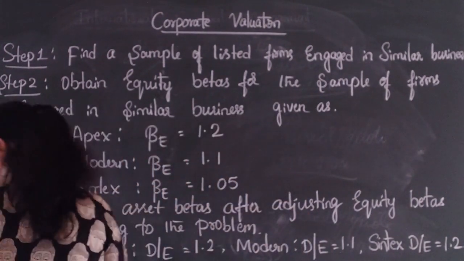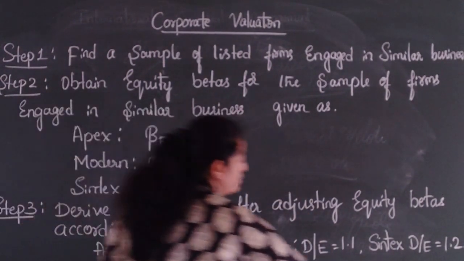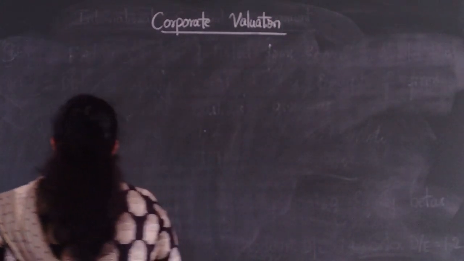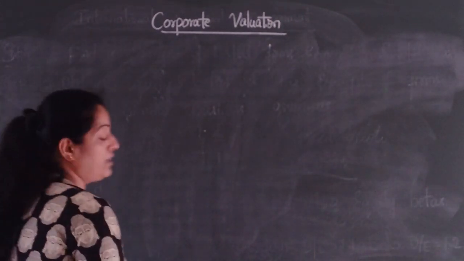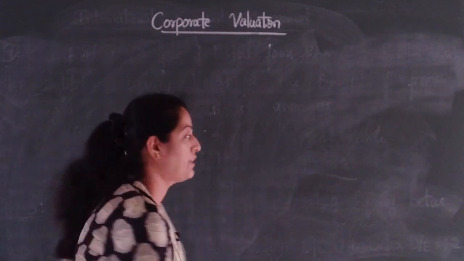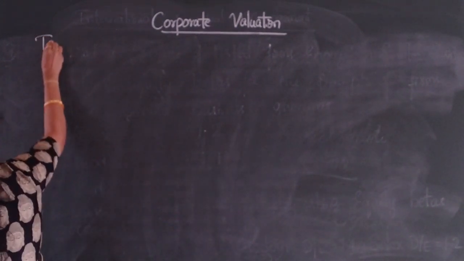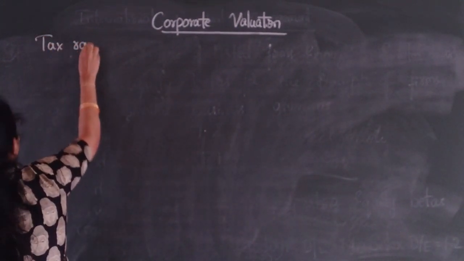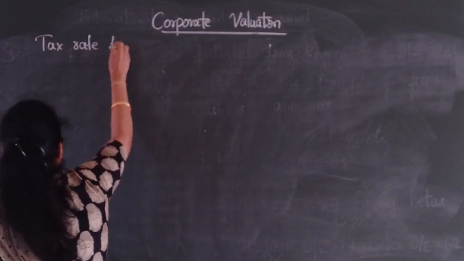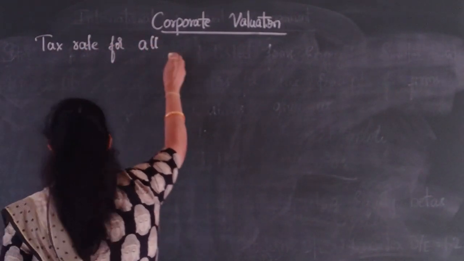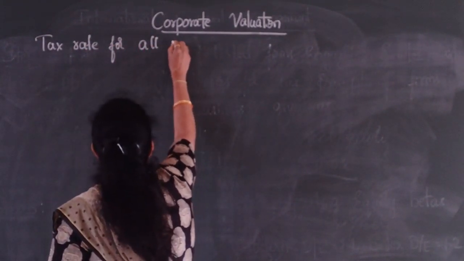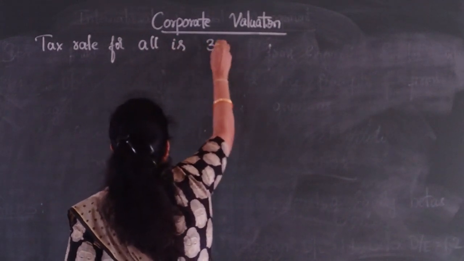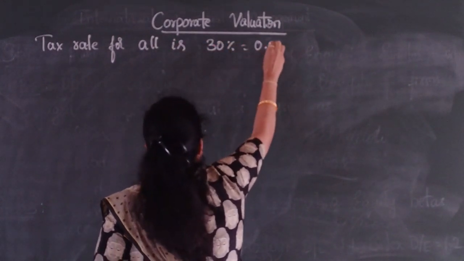Okay, next, the tax rate for all the firms is 30%, that is 0.3 we should take.